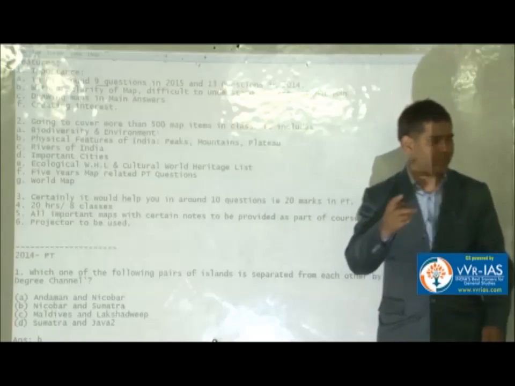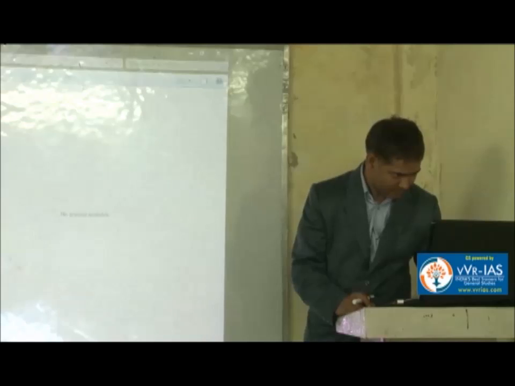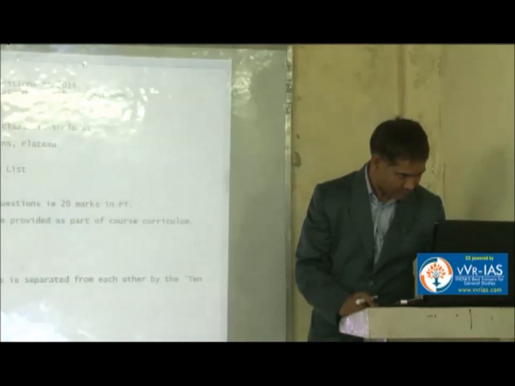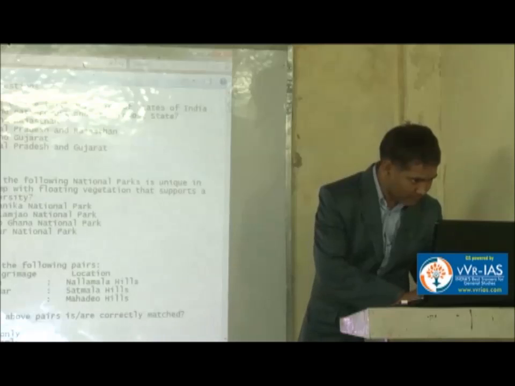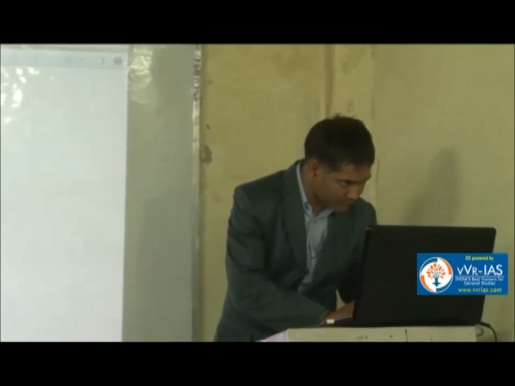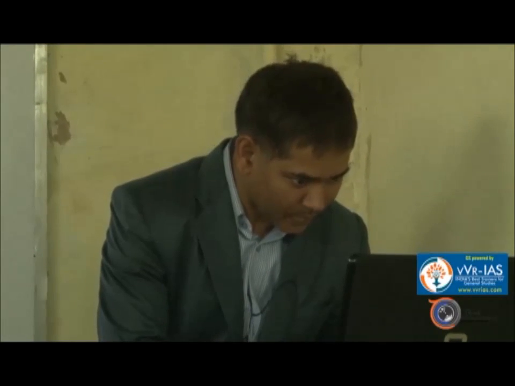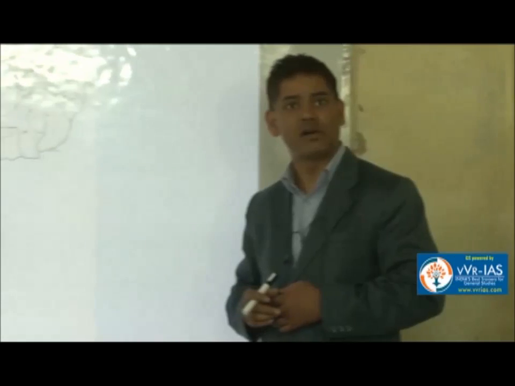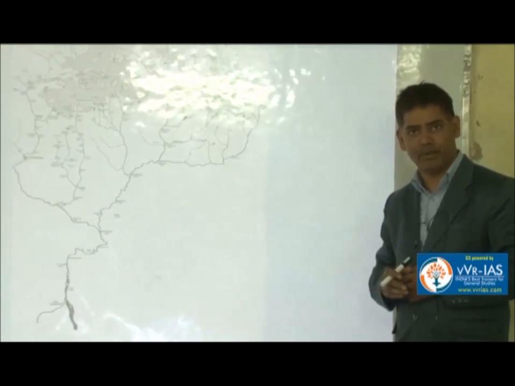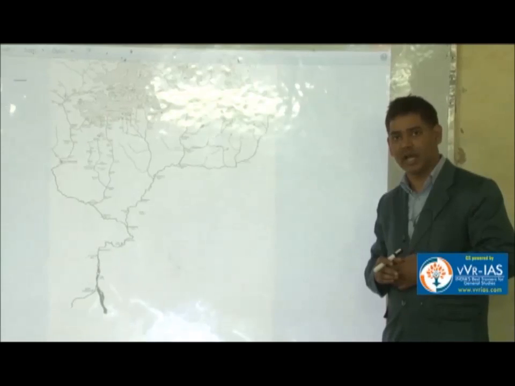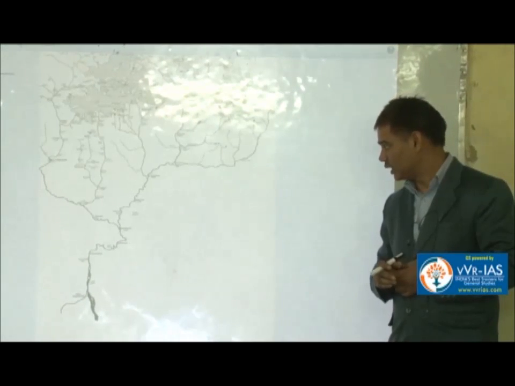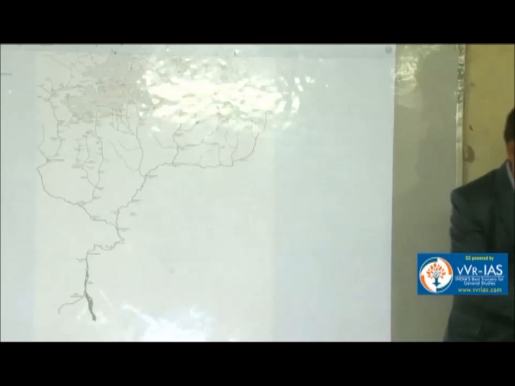Okay, so here is one map of the Ganga. This is river Ganga. It is a very important map, and this has to be provided to you in the class. Let me enlarge it.